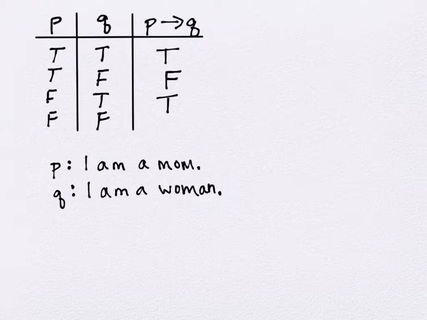But if Colton said this, last column. If I am not a mom, then I am not a woman. And Colton said this. That would actually also be a true statement, right? The fact is that if we don't have the first part true, then either of the next two statements could be true or false, right?